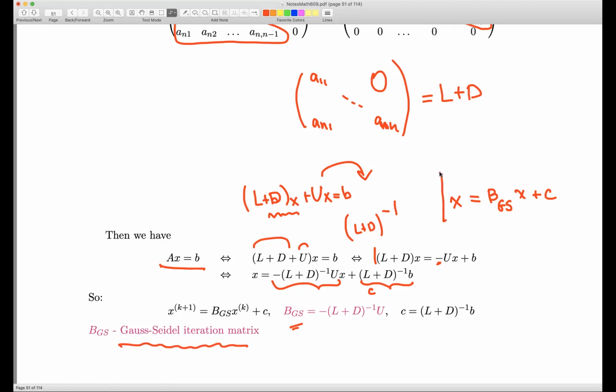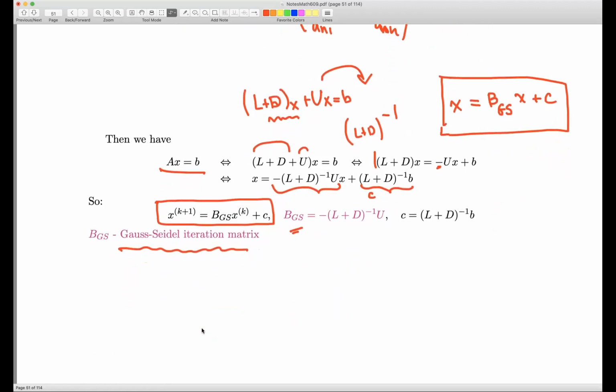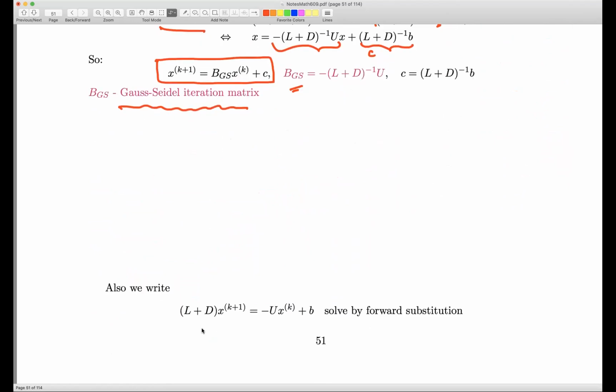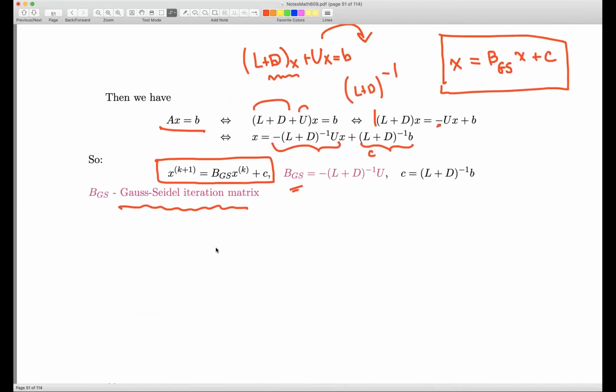Now, once we have the equation written in this form, then from this equation we can right away write down the iterative procedure. Starting with any initial guess x0, this will be exactly the Gauss-Seidel method.